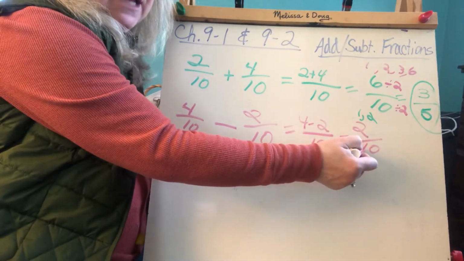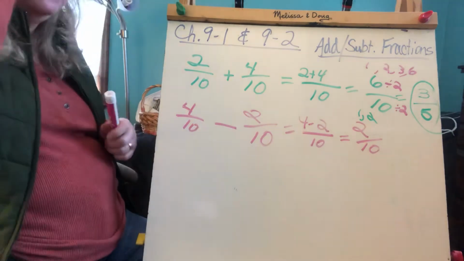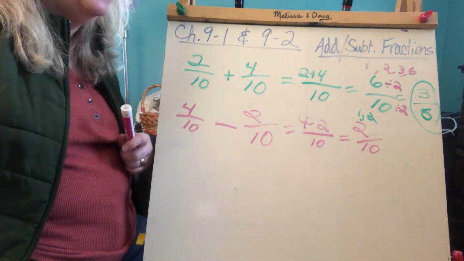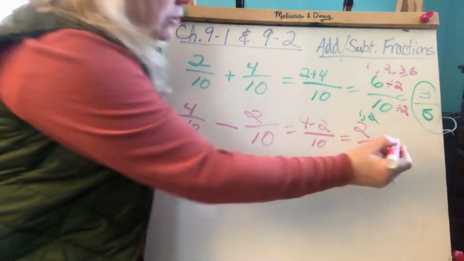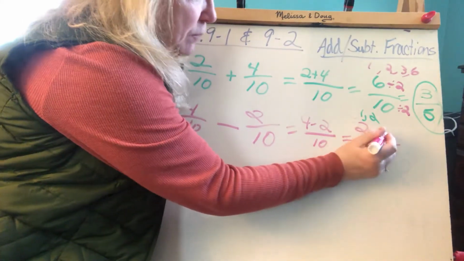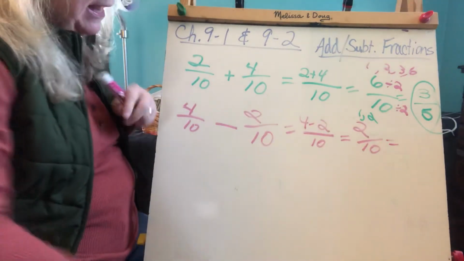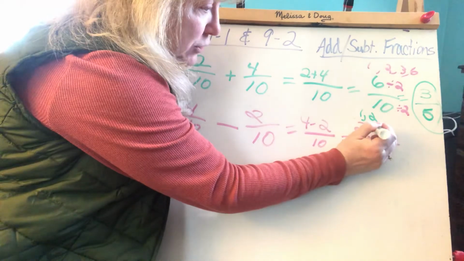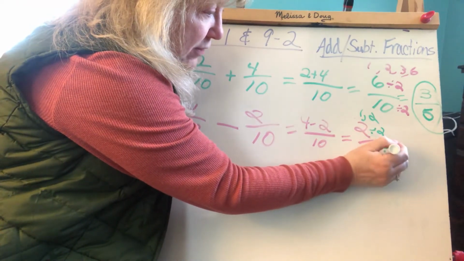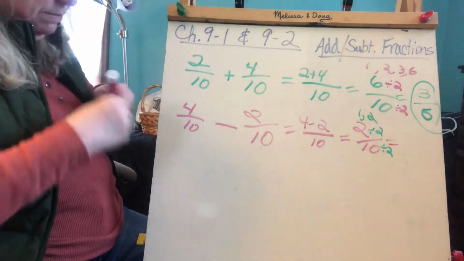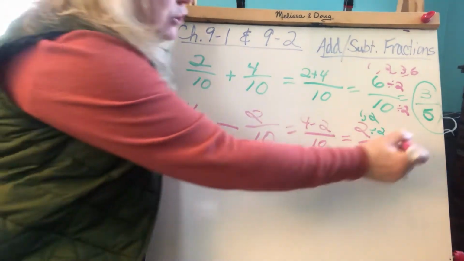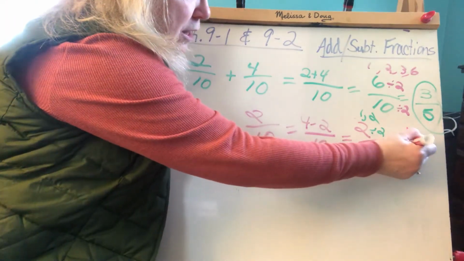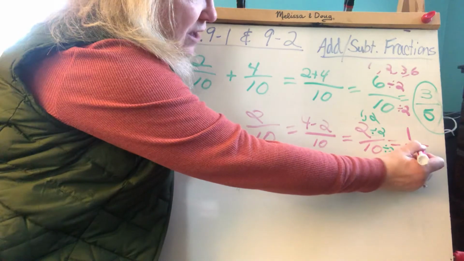Will 2 go into 10 evenly? Absolutely. Can I multiply 2 by something and get the answer of 10? Absolutely I can. So I'm going to divide both the top and the bottom by 2. The numerator and the denominator are going to both be divided by 2. 2 divided by 2 is 1. 10 divided by 2 is 5.